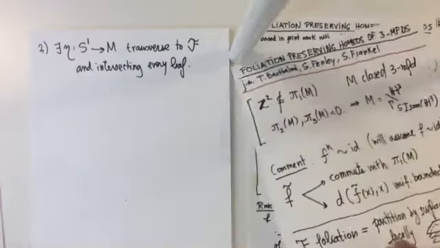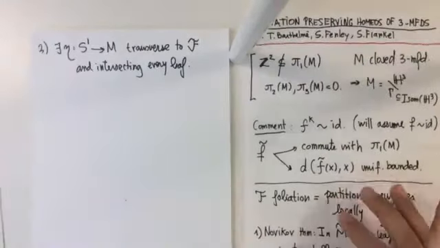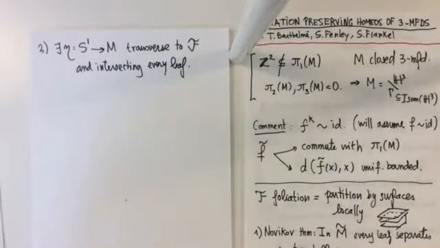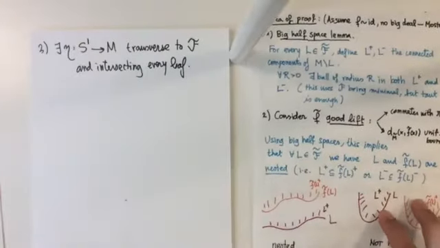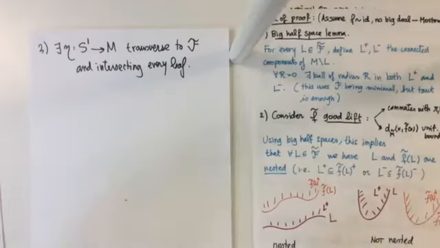And so now I will start with the proof of this proposition, which is the first thing I want to do. And I have here some of the steps in the proof, and let me explain them a little bit.